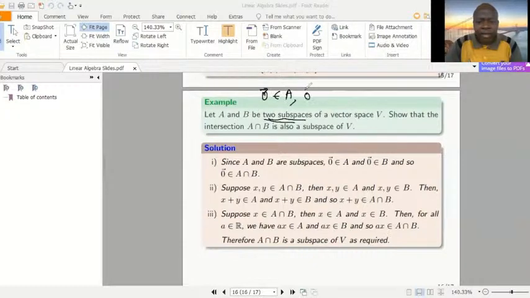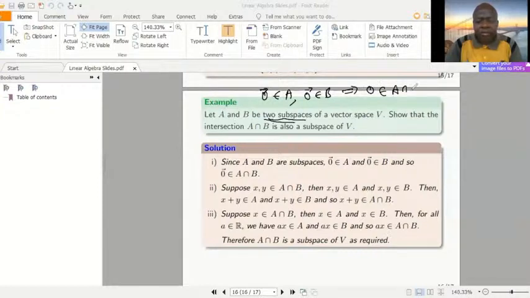And the 0 vector is also in B because B is a subspace. And so what this means is that 0 is common to these two sets. The 0 vector is common, and therefore 0 is contained in their intersection.